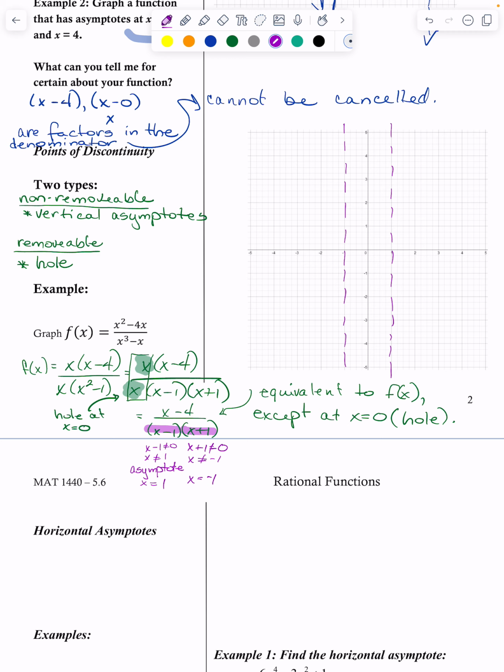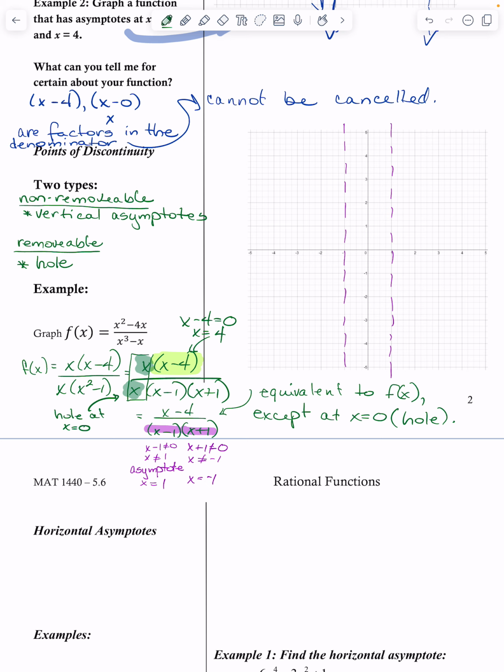So I'm going to take a look at the numerator here. Specifically this part, because if my numerator equals 0, the whole ratio is going to equal 0. 0 divided by anything is 0.